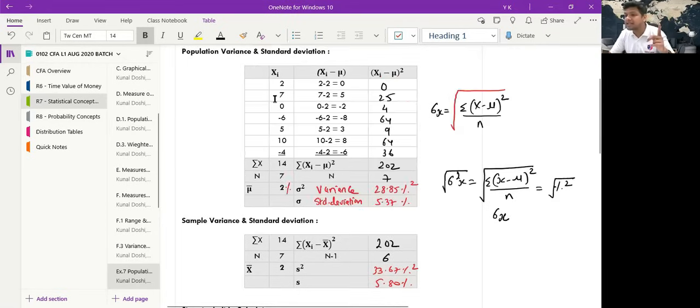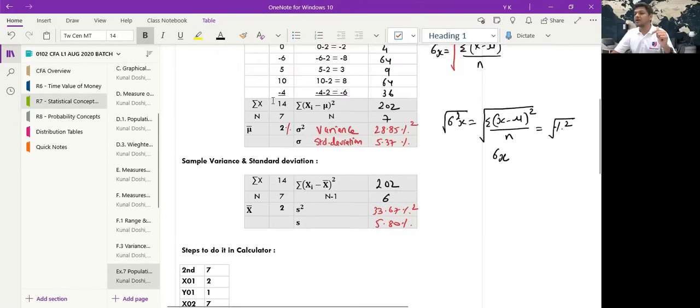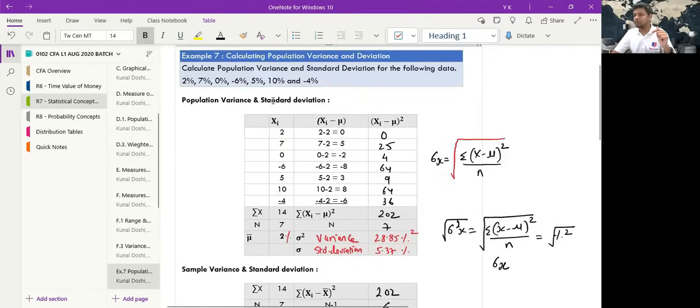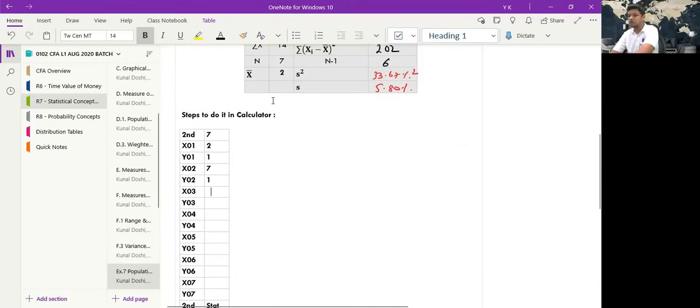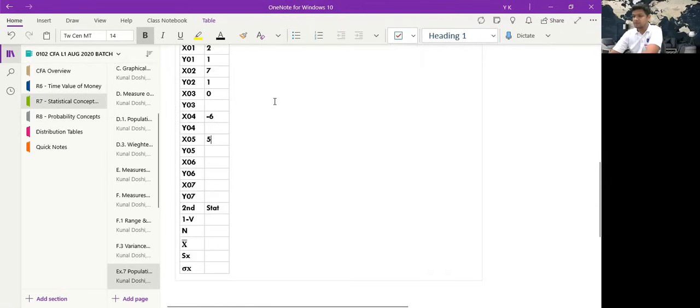What is the second return here? 7. So I will press 7, enter, press the down arrow again, 1, enter. Then the third return is 0, so I will do 0, then minus 6 and 5, 10 and minus 4. Correct, guys?